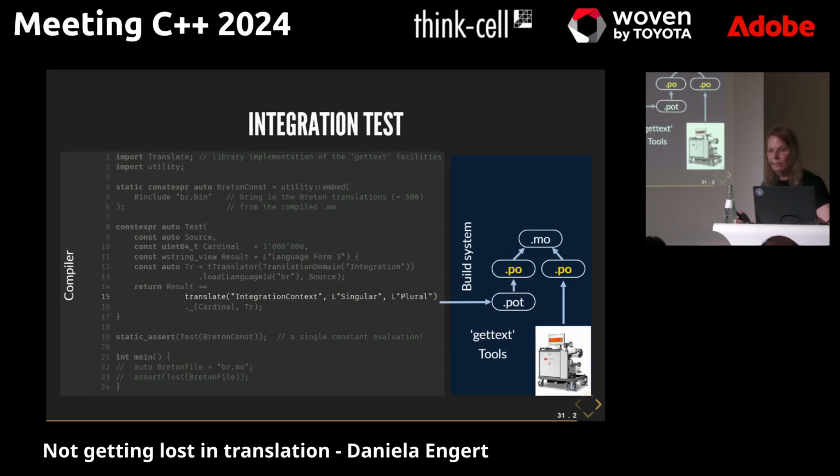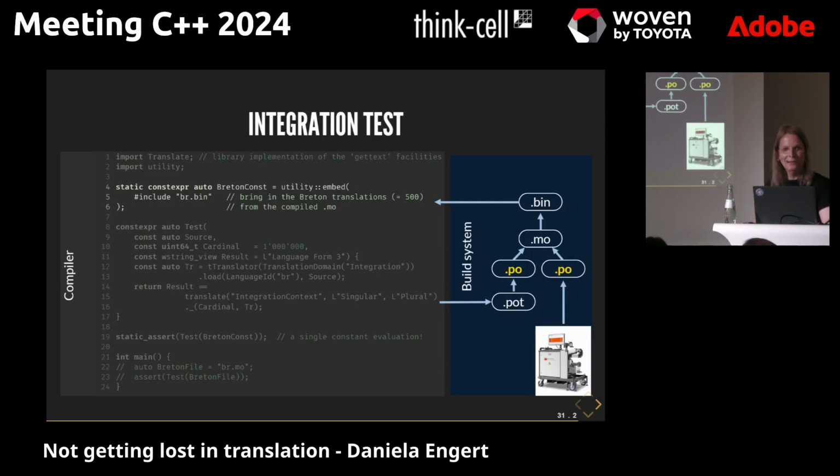I can merge them into a compiled MO file mentioned before, massage it a little bit more, and inject it into my source. There's this embed kind of thing that Jean-Hy was coming up with a couple of years ago. I have an implementation here as a module to give me back the bytes from the bin file that I had in the build system as a compile time constant.